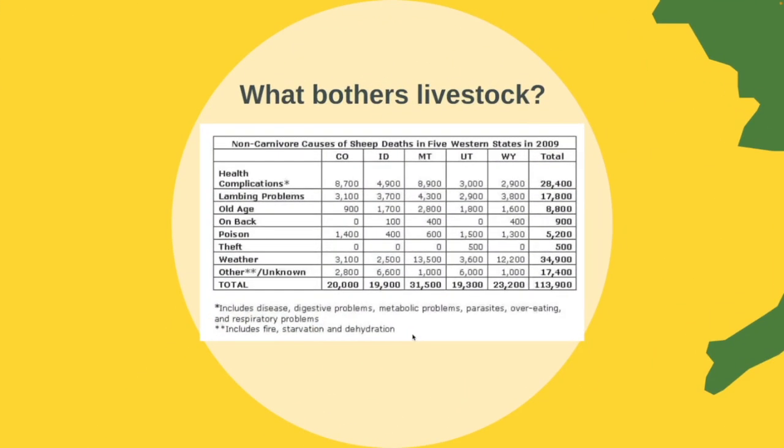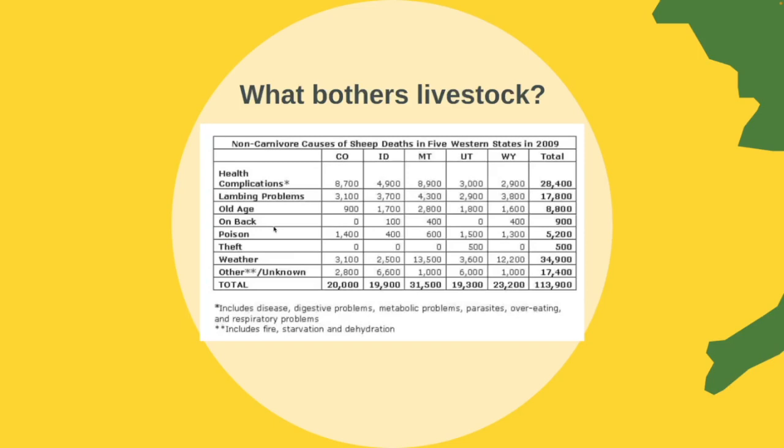When we do a deep dive into what bothers livestock, what are the common problems as to why sheep lose their lives? Here you have health complications, lambing problems, old age, predators, poison, theft, and weather.